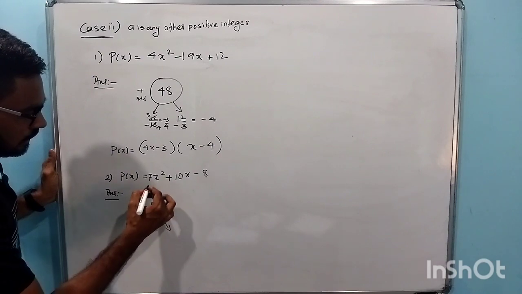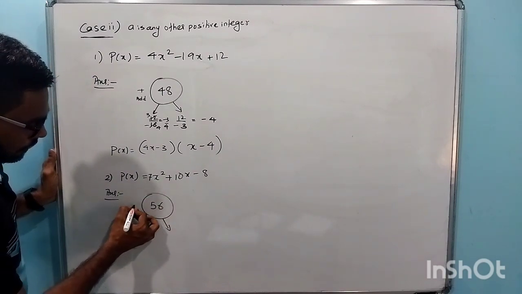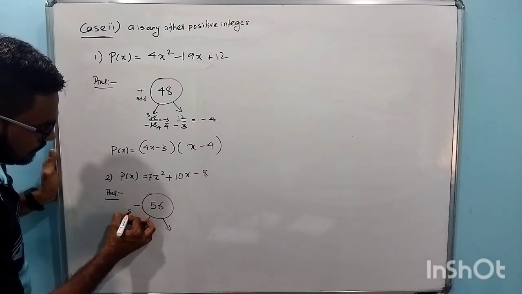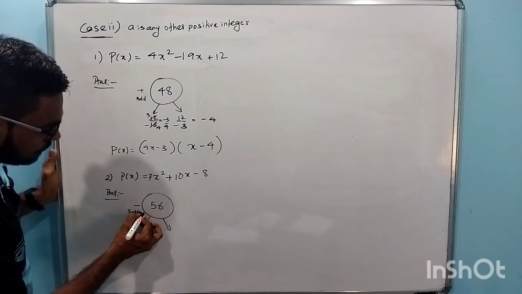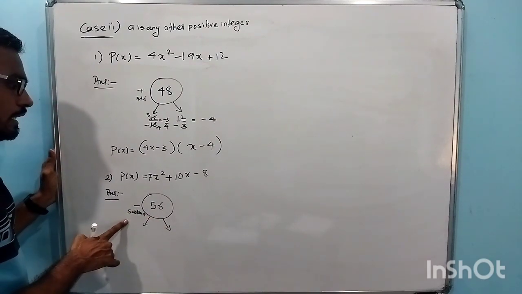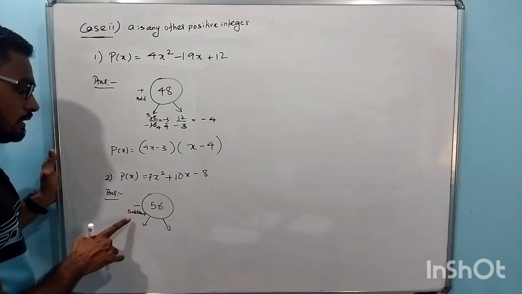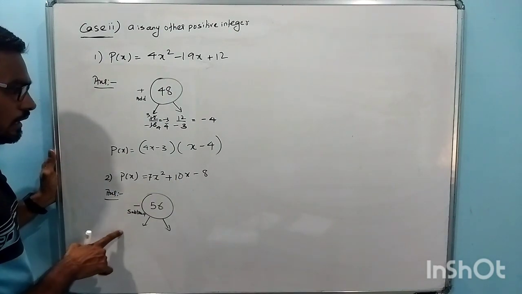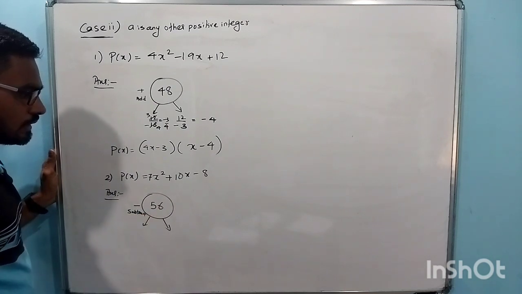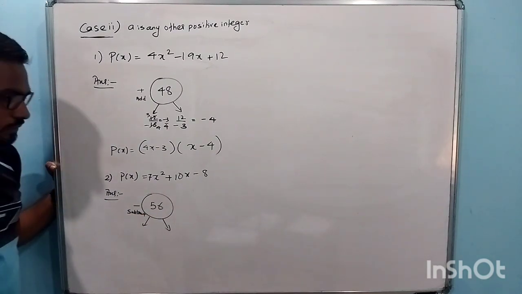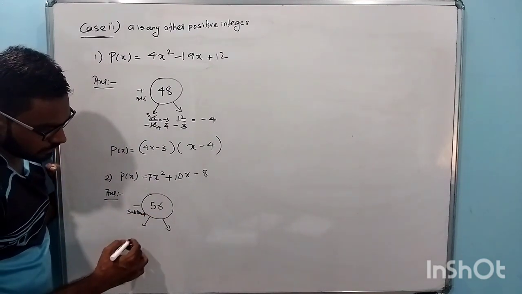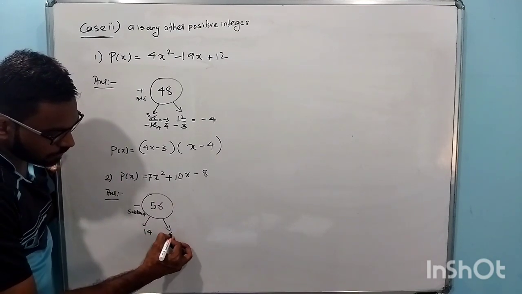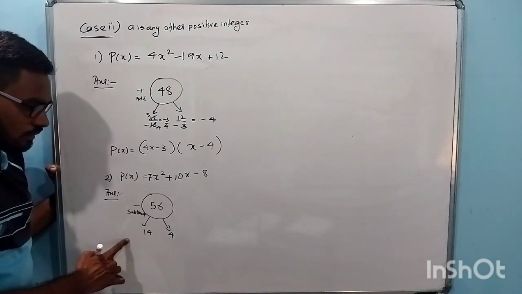Then just write this minus sign here. Subtract means what? You have to find two numbers such that if we subtract the first number from the other number, then you should get 10, and if we multiply, you should get 56. So which are those two numbers? 14 and 4.